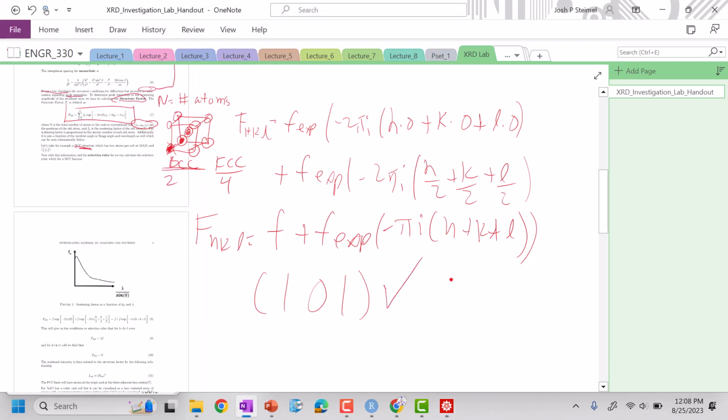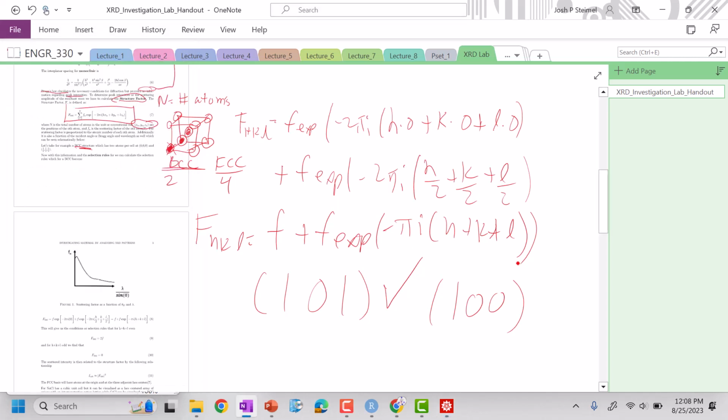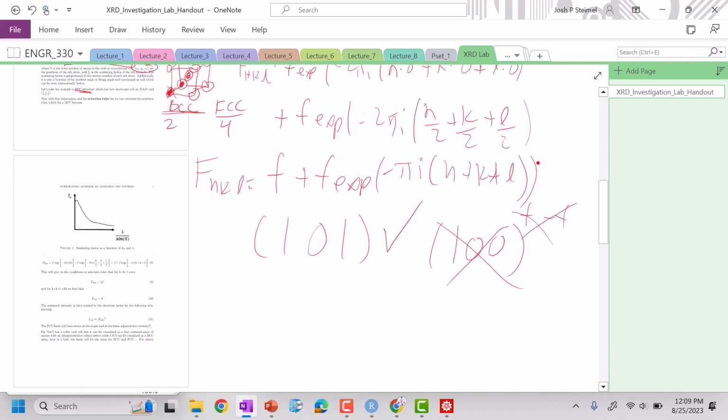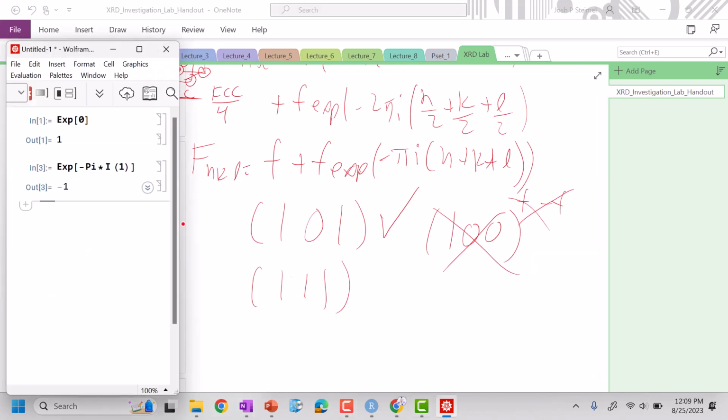Yay! It can exist. What about 1, 0, 0? Well, if I plug in 1 here, this will lead to f plus minus 1, which is minus f. So this is not allowed. Okay, let's see if we can find a pattern here. What about 1, 1, 1? So let's put in 3.